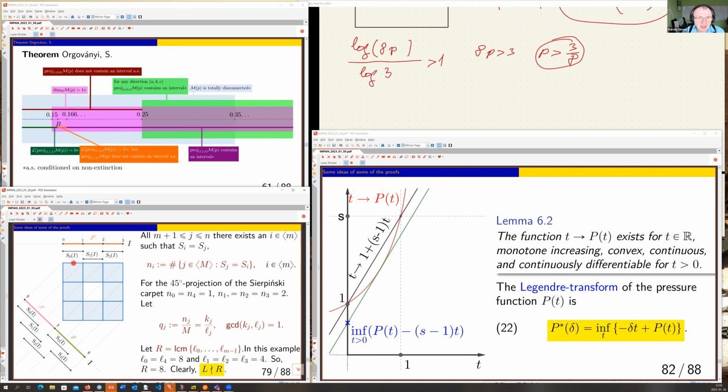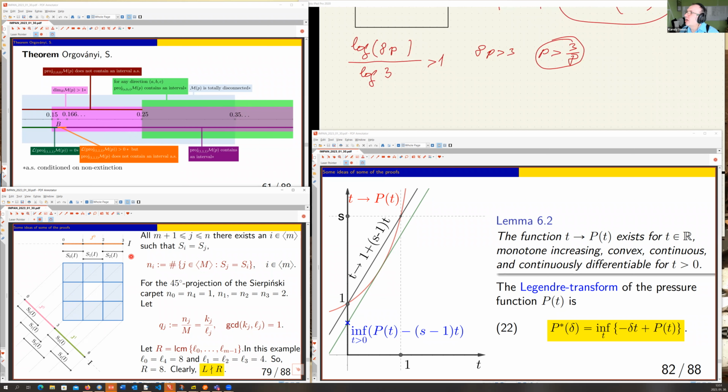Basically the following: if you have this random Sierpiński carpet and you project it, this very simple thing, to the coordinate axis, the Hausdorff dimension in that case was computed by Dekking and Grimmett in a joint paper, and then Falconer extended and simplified it, but it is not trivial at all.